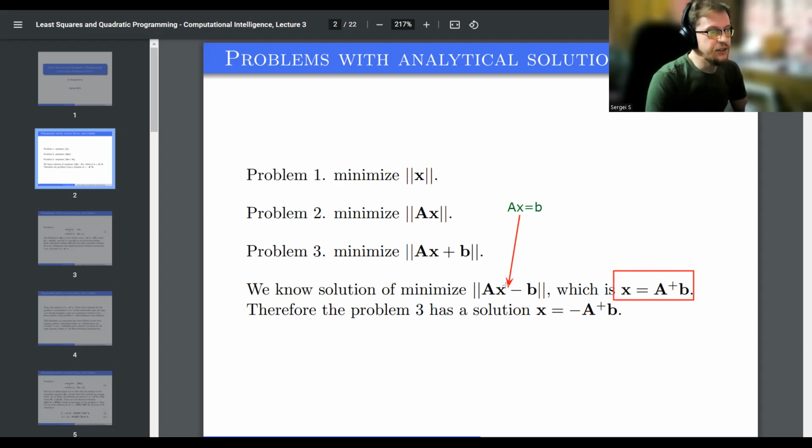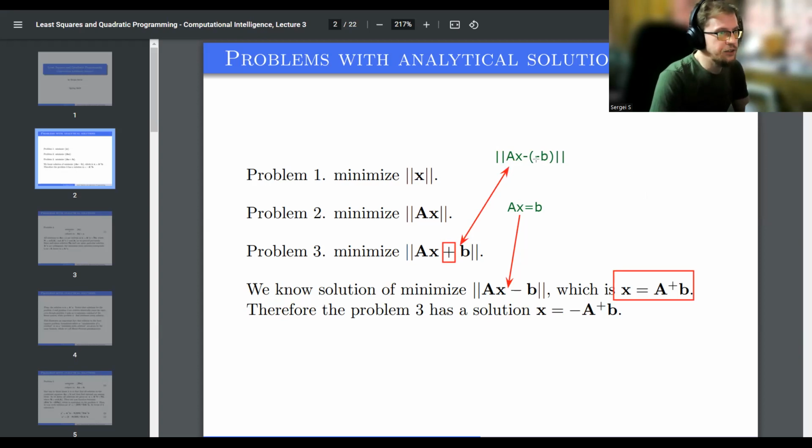And since this is a solution to the problem of minimizing the norm of Ax minus b, then to get a plus sign here, we just make b absorb the minus sign, right? So this is the same as minimizing the norm of Ax minus minus b. It is the same as minimizing this function. So those two are equivalent, right?